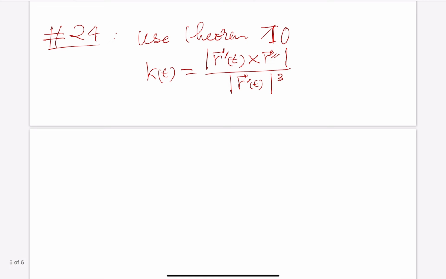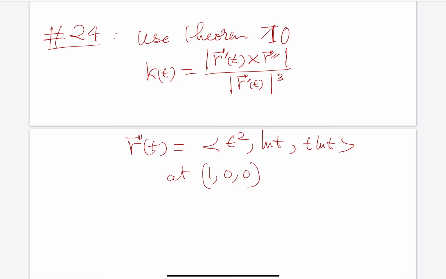Okay, question number 24, they give you the vector function, which is t squared, and you have ln t, ln t, at a given point t equals 1.